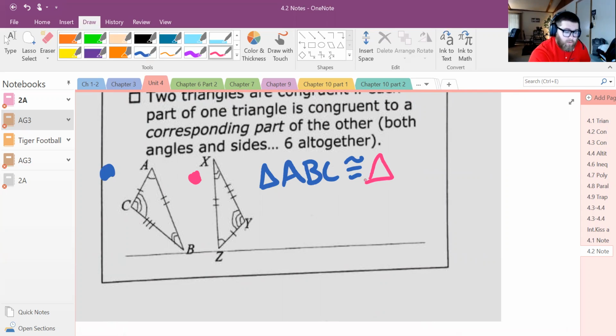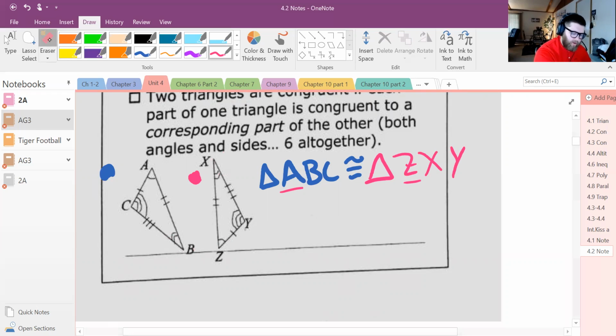So what I need to do is go to what angle matches up with A. On the left triangle, this is one little arc symbol. Z also has one little arc symbol. So Z is going to come first because A matches up with Z. Now, what angle matches up with B? Well, this is 2 arc marks, and X also has 2. So it's X, and then Y would be your last one.